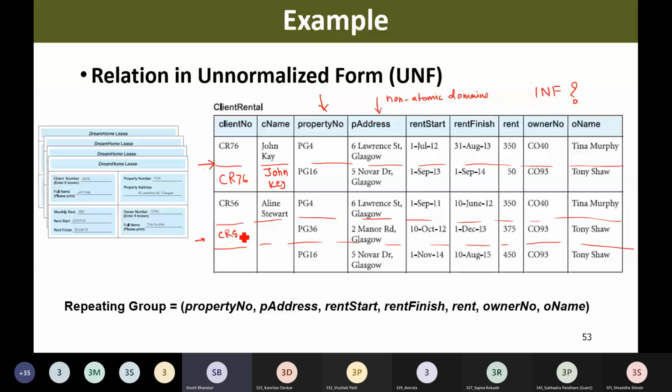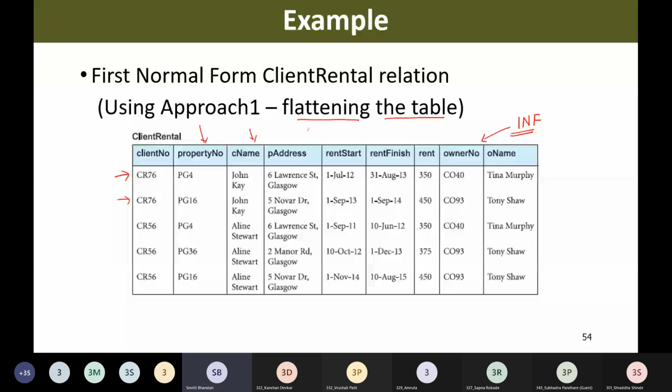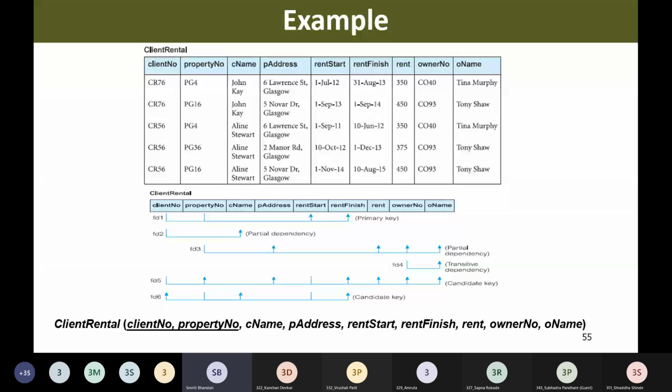And we come up with a table which is in 1NF. Are you getting me? Yes, yes, ma'am. So I hope you must have understood this first approach, flattening the table.